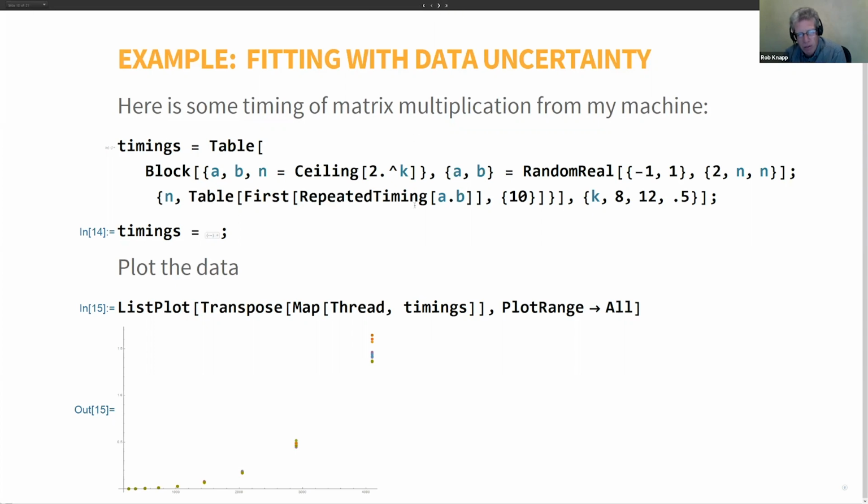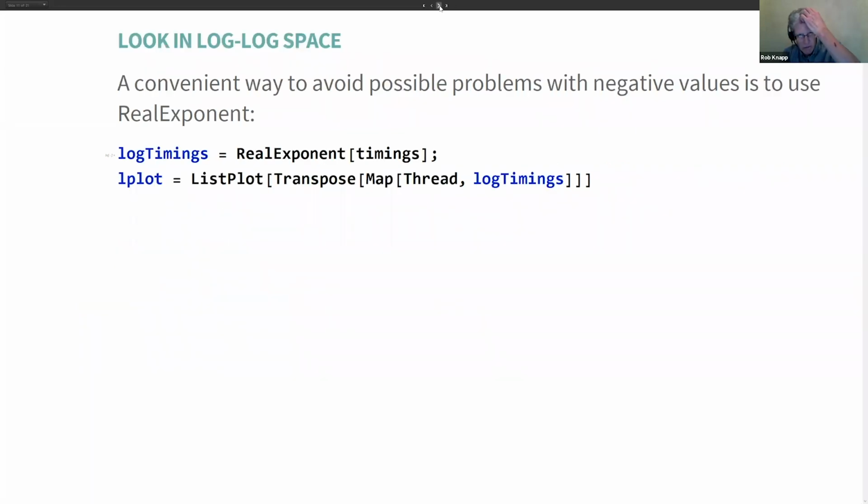Okay, well, this plot makes it pretty hard to see because you have huge variation here. Typically, if you're looking for asymptotic timing, it's better to do it in the log plane. A quick way to do this that I often use is the function RealExponent, which actually just takes a log base 10, but it doesn't complain about zeros or negative numbers, it just takes the absolute value.